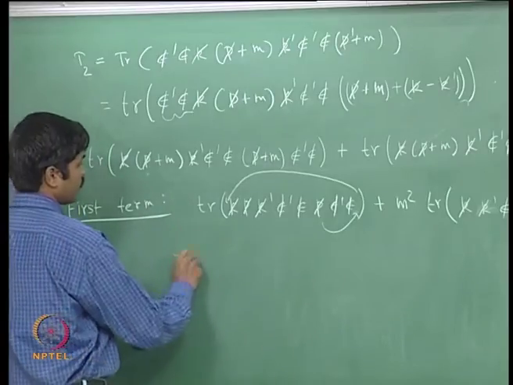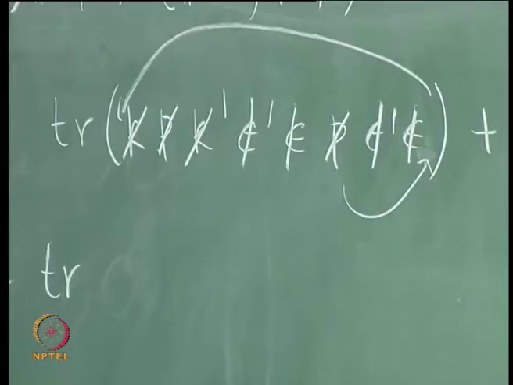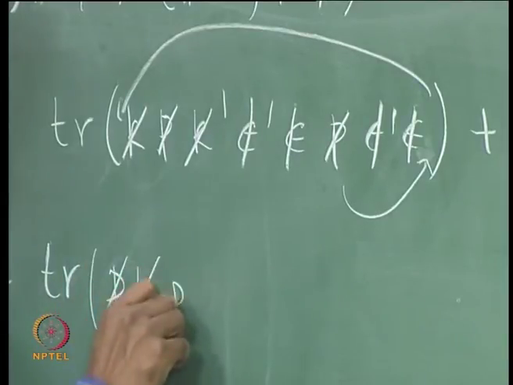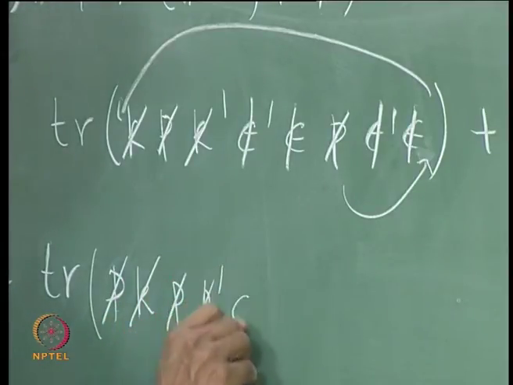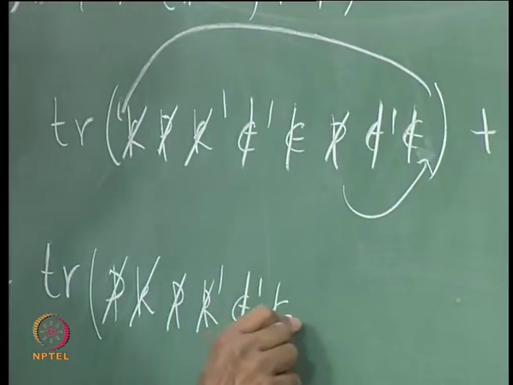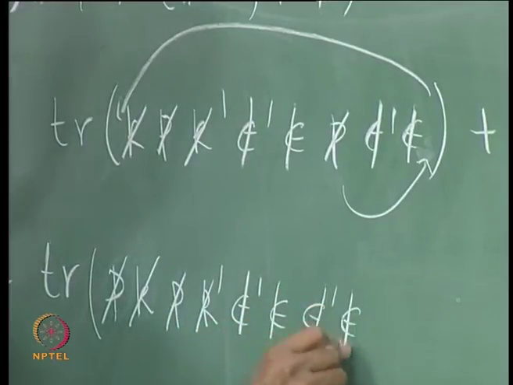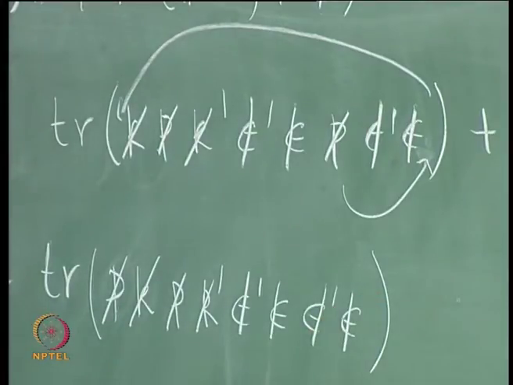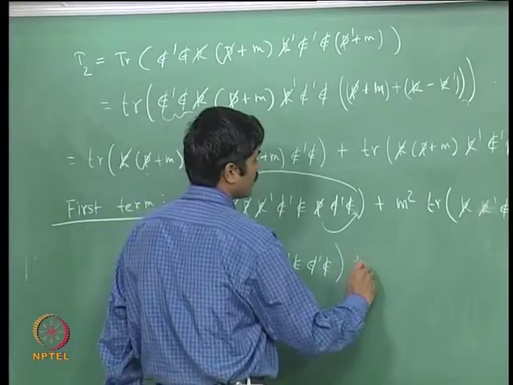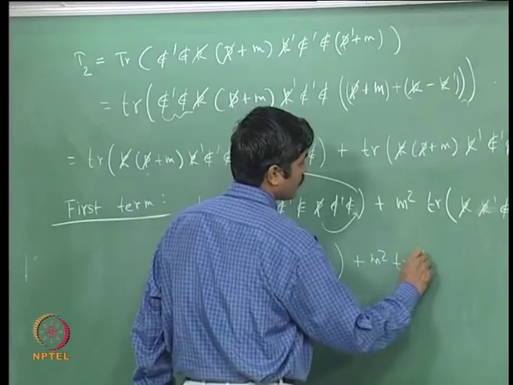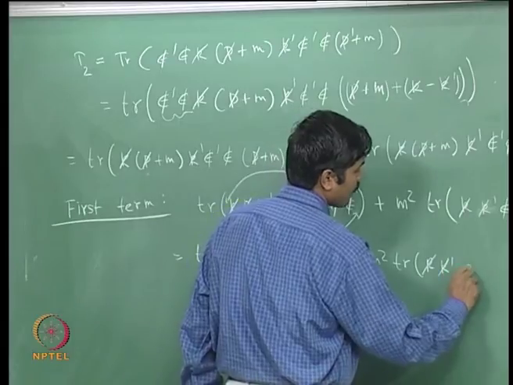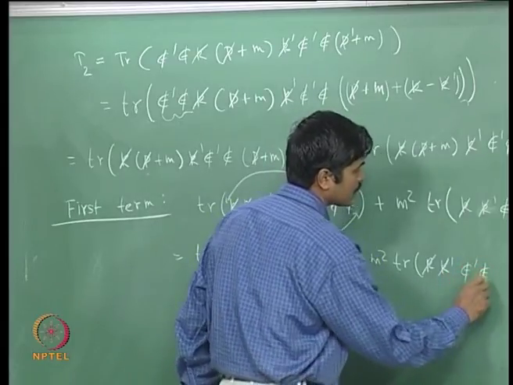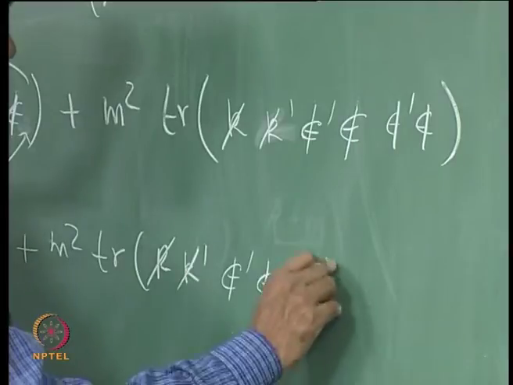So, therefore, this becomes trace of P slash, K slash, P slash, K prime slash, epsilon prime slash, epsilon slash, epsilon prime slash, epsilon slash. This is the first term, and the second term is M square trace of K slash, K prime slash, epsilon prime slash, epsilon slash, epsilon prime slash, epsilon slash.